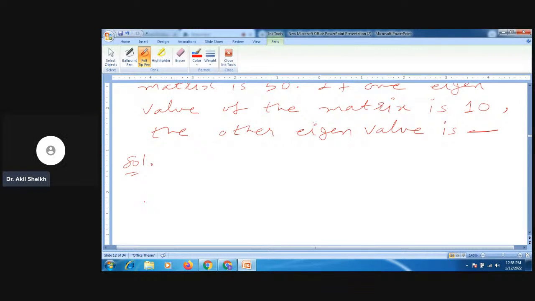Question is given. The determinant of a 2 by 2 matrix is 50, and we know that there is a relationship between eigenvalues and determinant of a matrix. That is, determinant of a matrix is nothing but the product of eigenvalues.